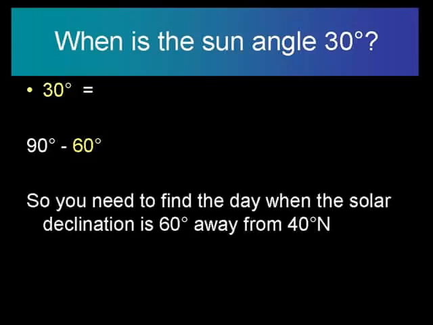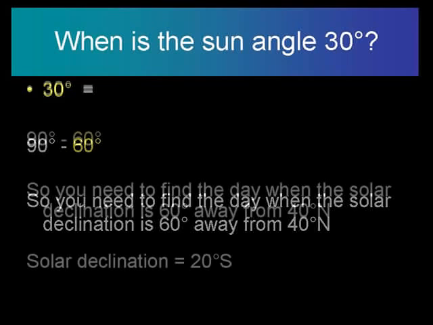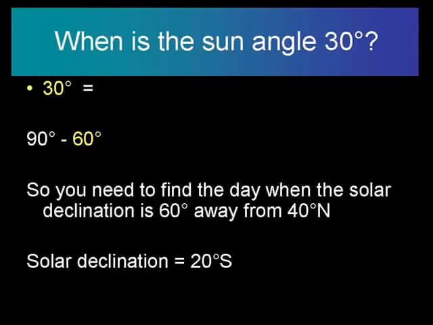So all we need now is to figure out, when is the solar declination 60 degrees away from 40 degrees north? Okay, well, that means the solar declination is going to have to be at 20 south. That's the only place on Earth that is 60 degrees away from 40 degrees north, right? 40 degrees from the equator plus another 20 degrees into the southern hemisphere will be 20 degrees south.